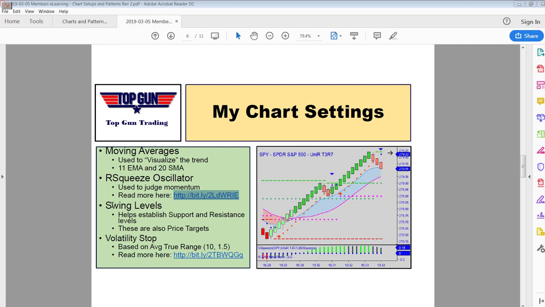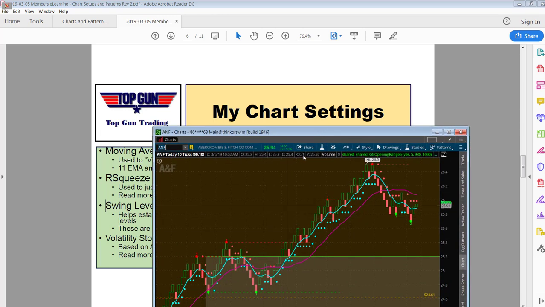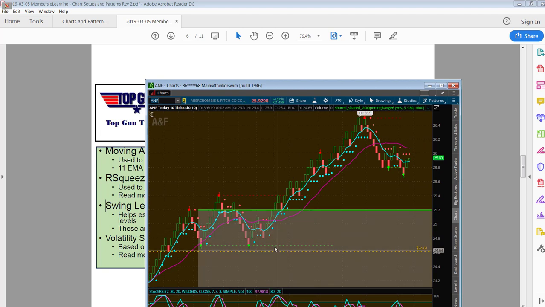Swing levels. Because I have NinjaTrader, and because I can also do it in Thinkorswim, I'll have the computer automatically draw swing levels, which I use as support and resistance levels on my chart. You can see this one from NinjaTrader, and you can see automatically drawn ones.